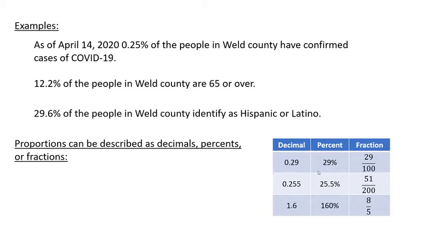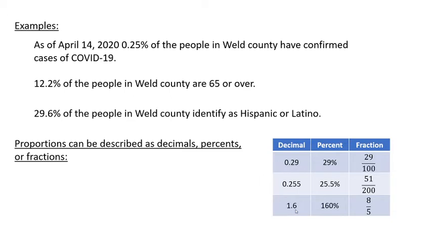And in saying that, we've given away what this decimal is like as a fraction: 29 hundredths. In the same way, we have 0.255, and in this case, the rightmost decimal place is the thousandths. So this is 255 thousandths, which can actually reduce to 51/200.